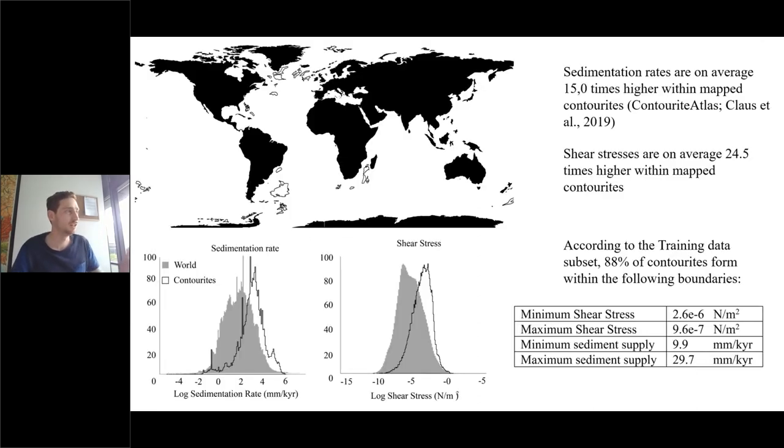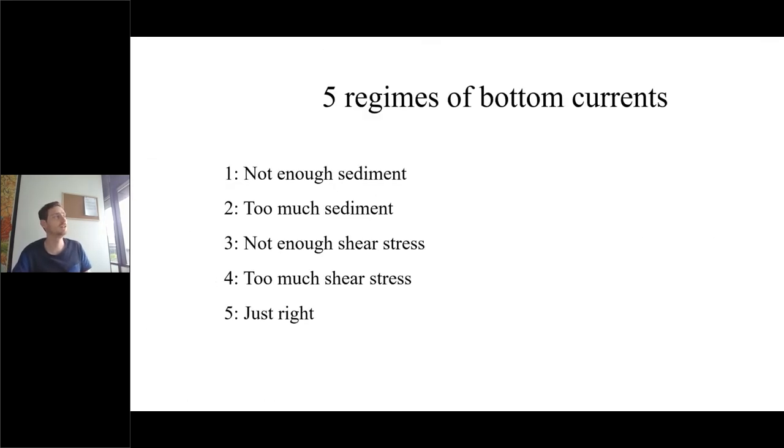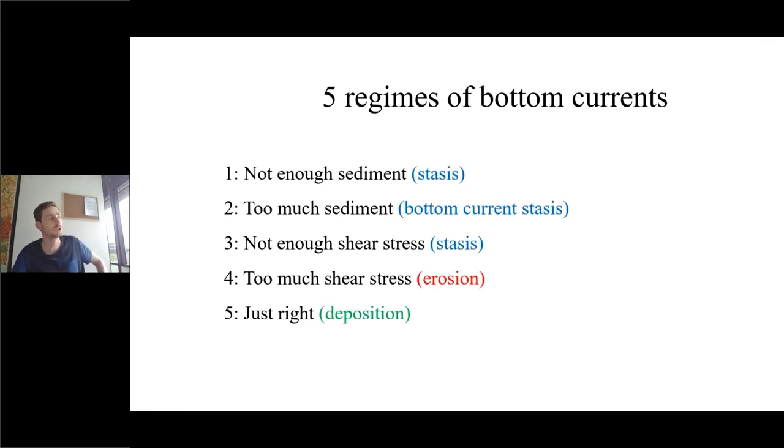Basically, by using these 4 boundaries, so the minimum shear stress for contourite formation, the maximum shear stress for contourite formation, the minimum sediment supply for contourite formation, and the maximum sediment supply for contourite formation, you can quantify 5 different regimes across the ocean, which I call deposition, erosion, and then 3 different types of stasis.